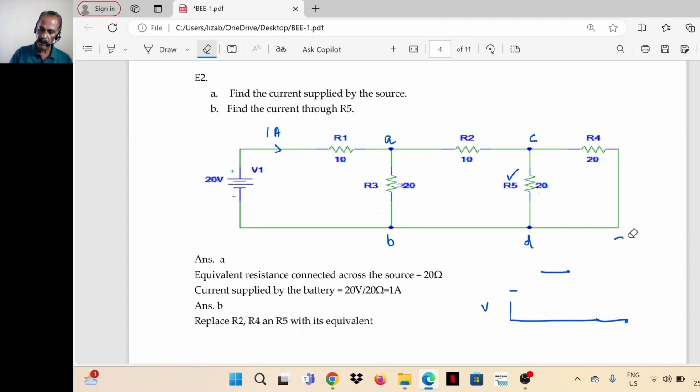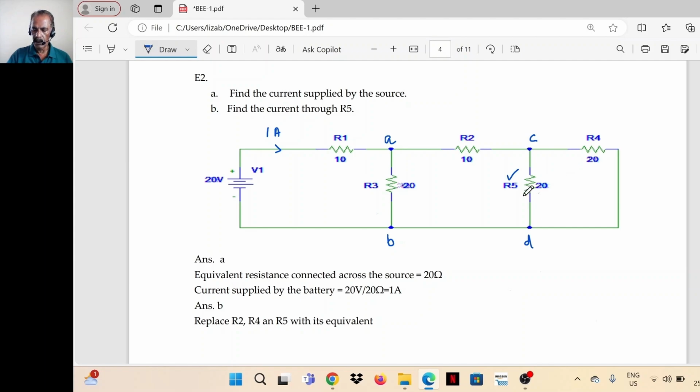So what we did now, we reduced the network to a single resistance. R4 and R5 are in parallel because both are connected across the same terminals C and D. So 20 into 20 divided by 40, equivalent is 10 ohms.